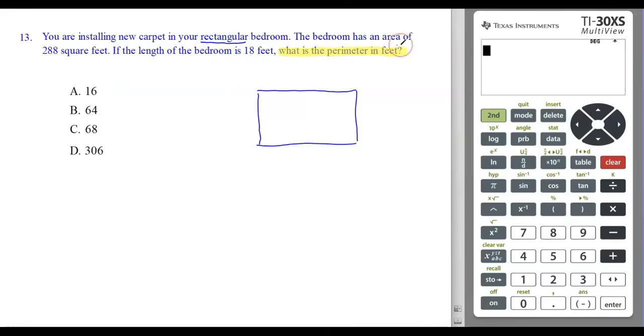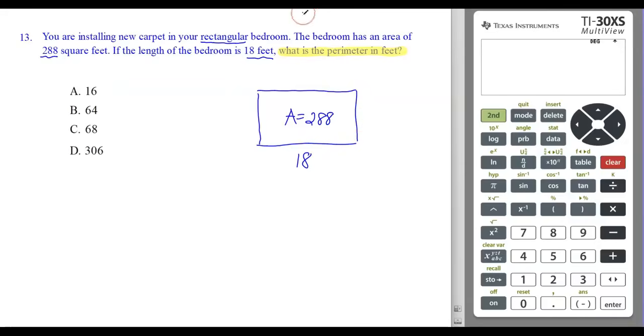It says the bedroom has an area of 288 square feet. The area is the space inside. So this is 288, space inside. The length of the bedroom is 18 feet. The length is the longer side of a rectangle, so I'll put the 18 here. You don't need to put in the feet here. If you accidentally put the 18 here, that's fine.